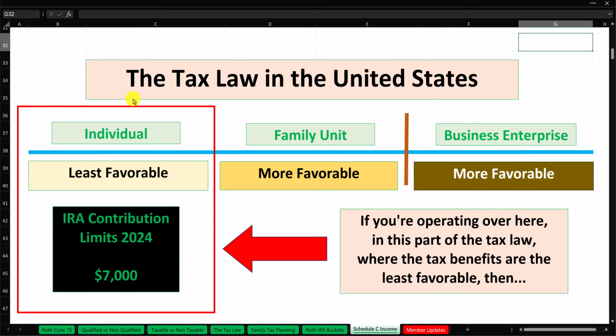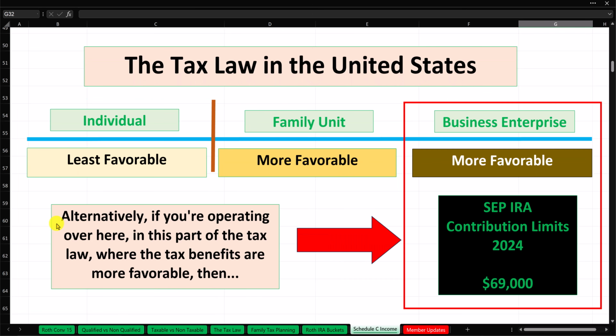So let's look at our diagram again for the tax law in the United States. If you are operating over here in this part of the tax law right here, where the tax benefits are the least favorable, then you're looking at an IRA contribution limit in 2024 of $7,000, as we've talked about.